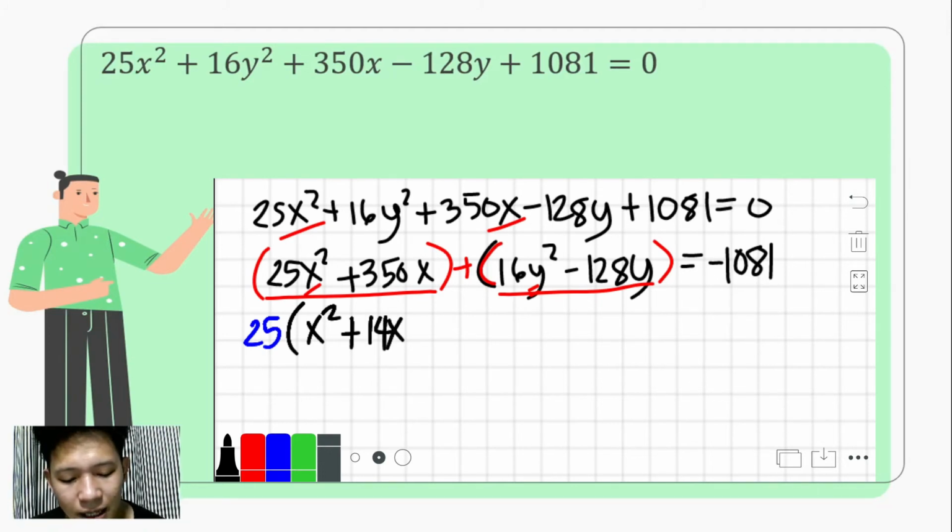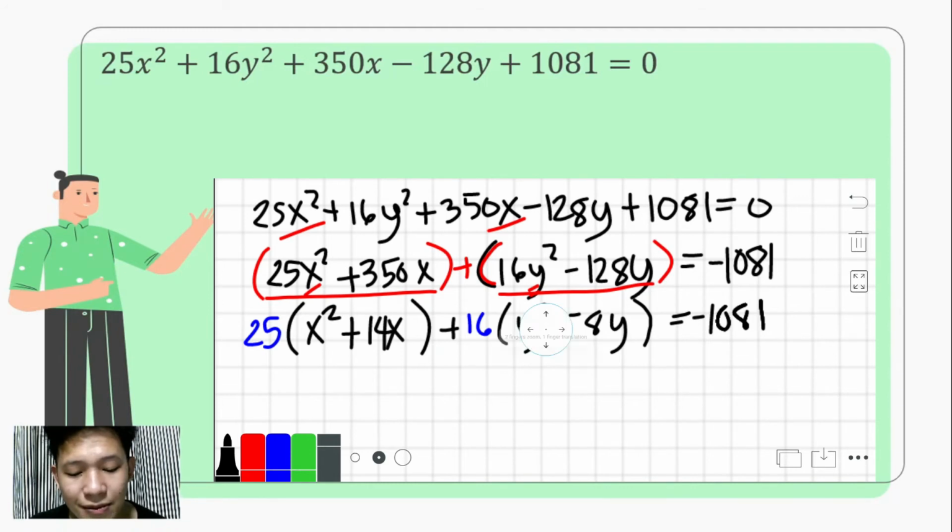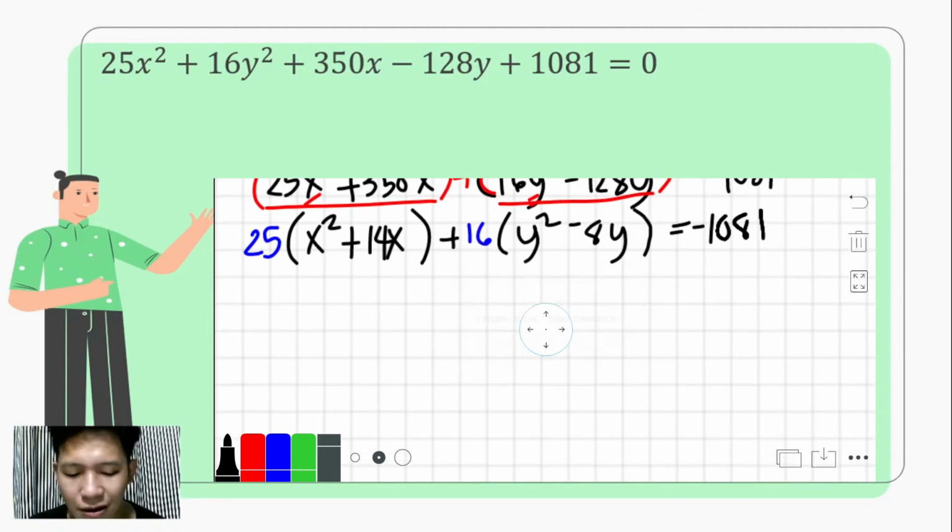And then plus, we have here 16 multiplied by y squared minus, what is 128 divided by 16? That is actually 8y equals negative 1081. And then after this, we now complete the square.